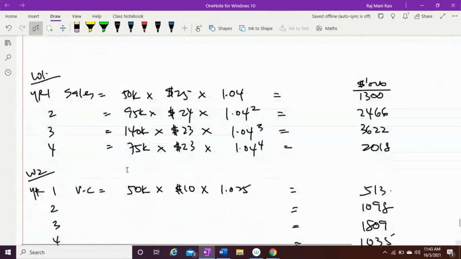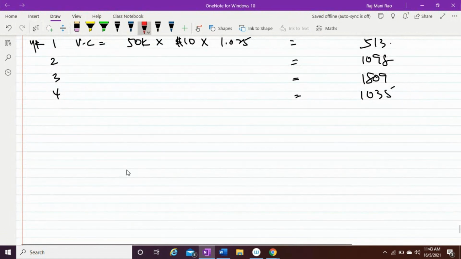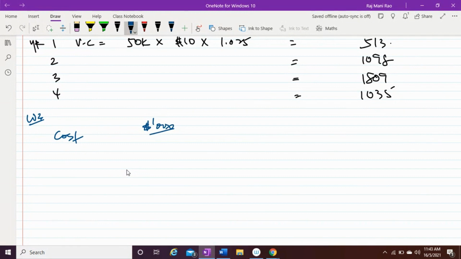So what's the tax relief? Year 1 CA, how much? What's the capital allowances for year 1? Capital allowances is 25% reducing balance.